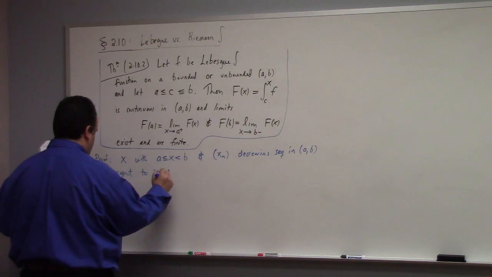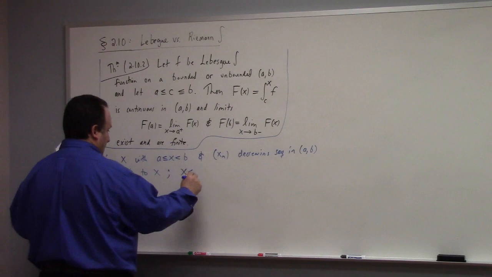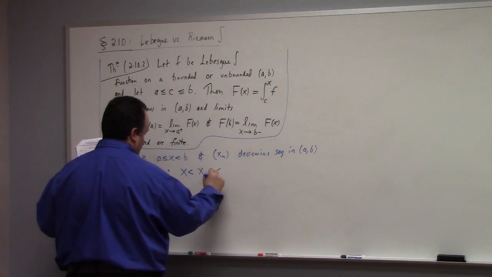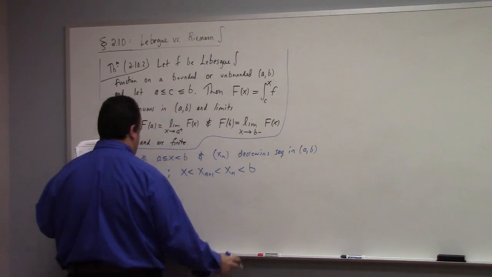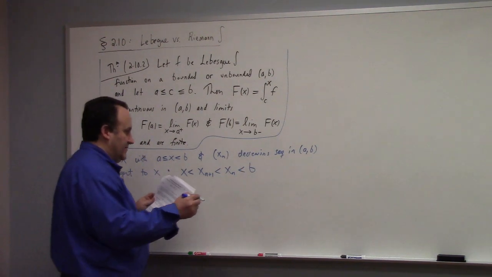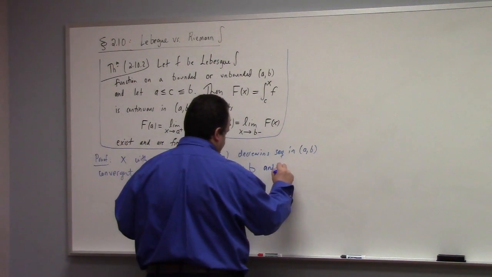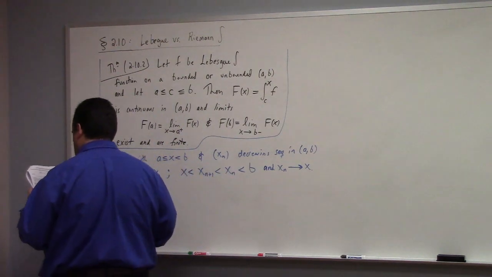What does that mean? It means that x is less than x_{n+1}, which is less than x_n, and that is less than b. So we have those estimates, and x_n goes to x. Okay, great.